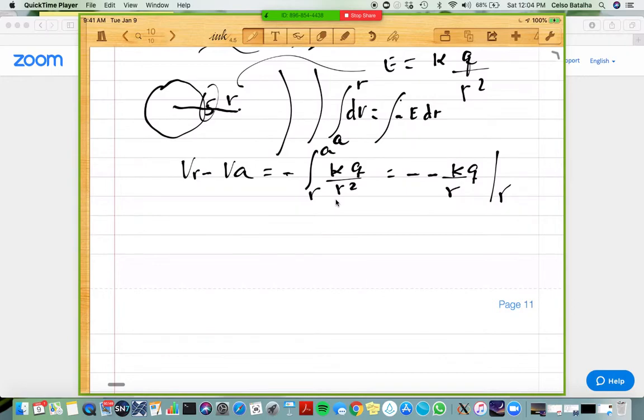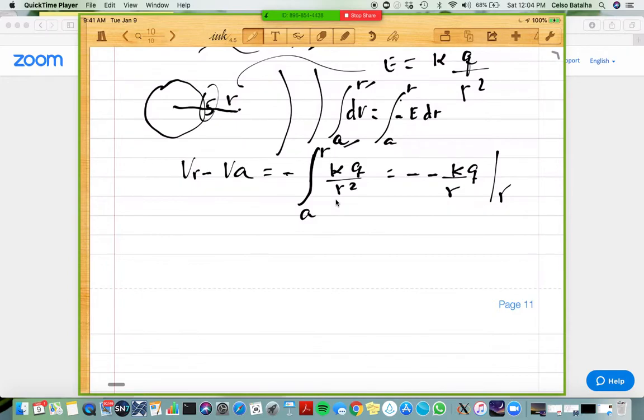No, I'm sorry, this is not correct. It's from A to R, right? We are integrating from A to R, and then VR minus VA.